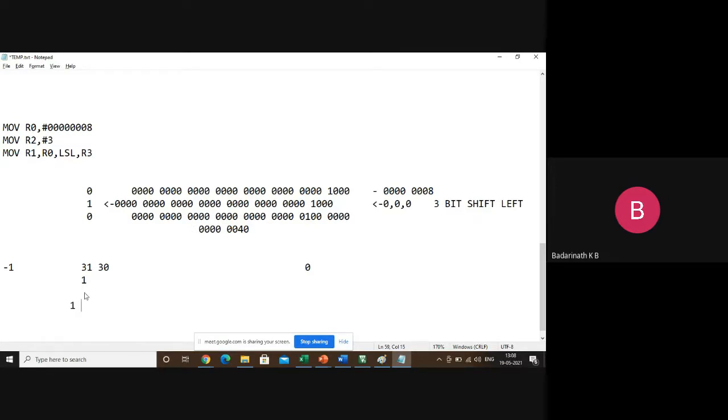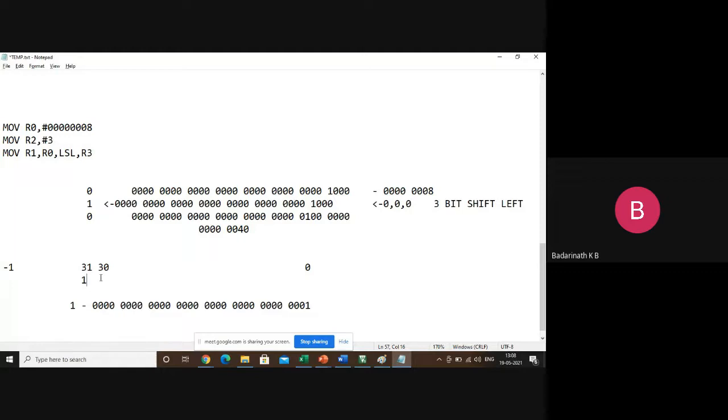1 means 0, 0, 0, 0, 0, 0, 0, 0, 0, and so on, 0, 0, 0, 1. Just see that. Since it is -1, I placed bit 31 as 1, the sign.